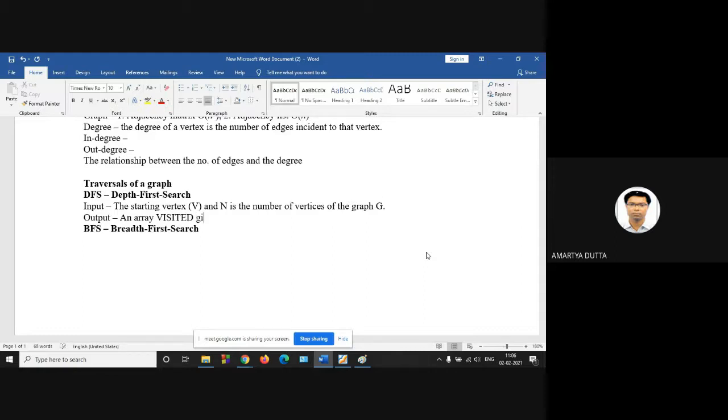It gives you the order of visit of the vertices during traversal. So the input is the starting vertex V, and n is the number of vertices.